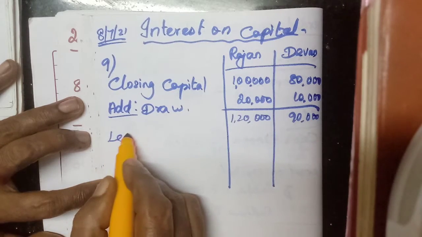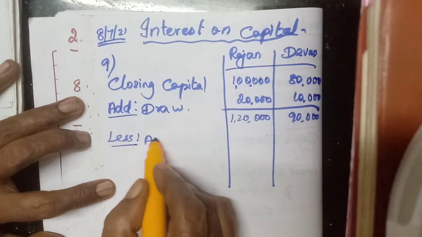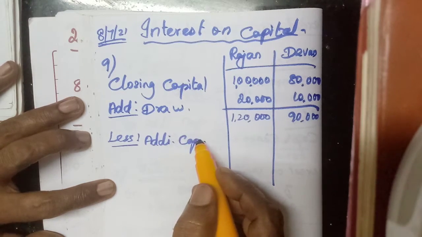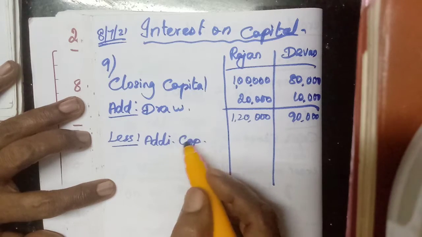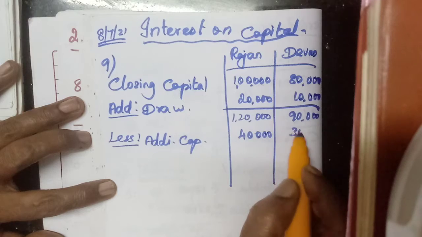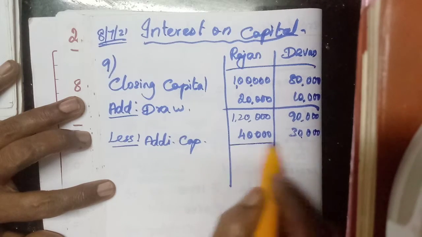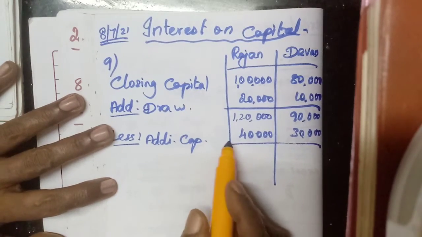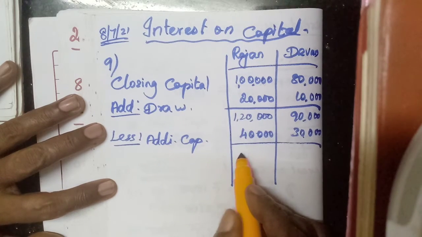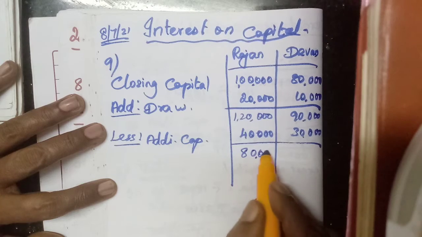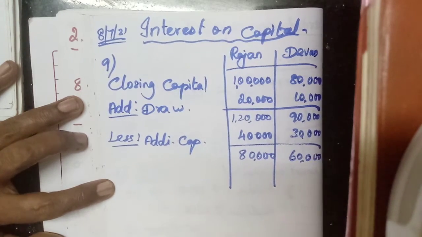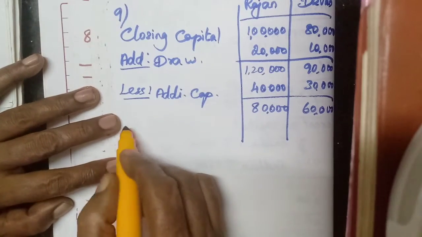Then less additional capital. Additional capital 40,000 and 30,000. You must be very careful in doing the calculation. Here less, so we have to deduct 80,000, and here 60,000.